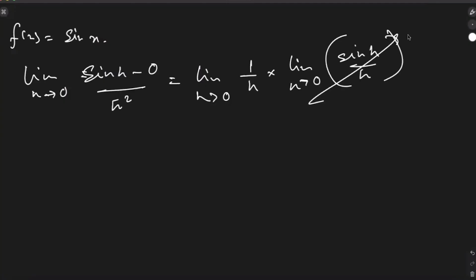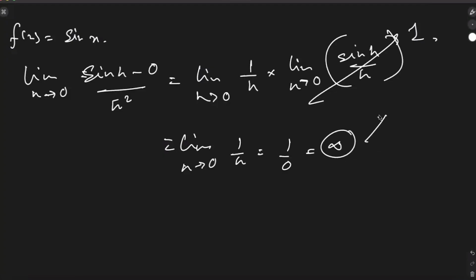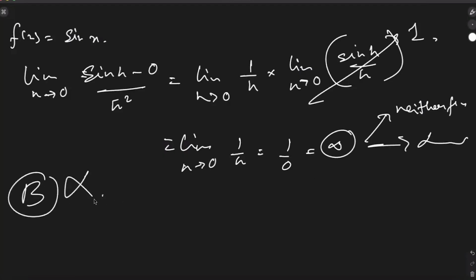This is the identity given, the value comes out to be 1. So we are left with limit h tends to 0 of 1 upon h. This comes out to be 1 upon 0, which is infinity, which is neither finite nor the other condition that was given to us. So option B is not correct.